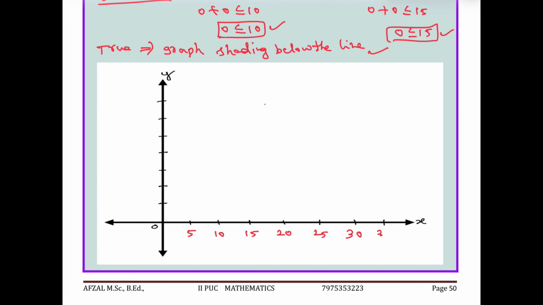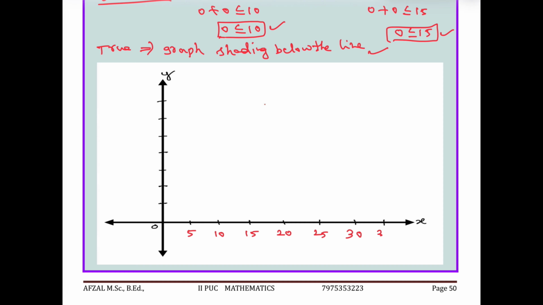29th question. A die is thrown once. Sample space S equals 1, 2, 3, 4, 5, 6. Then the total number of outcomes n of S is 6. Next, E is the event of appearing a multiple of 3.